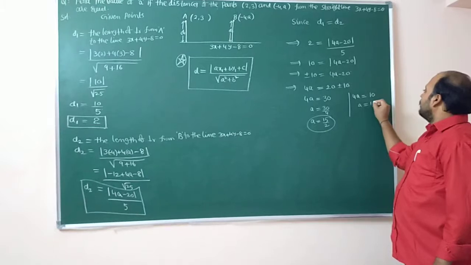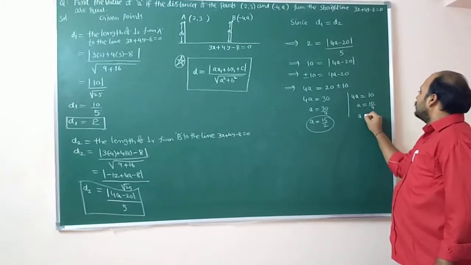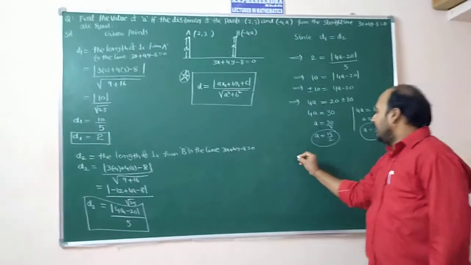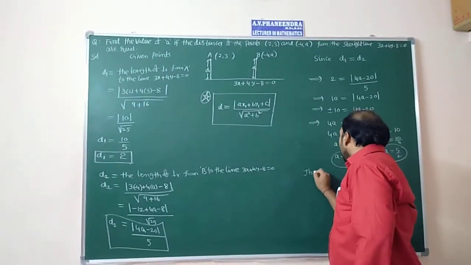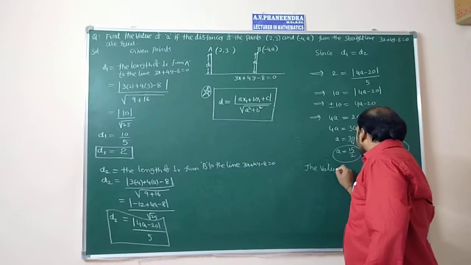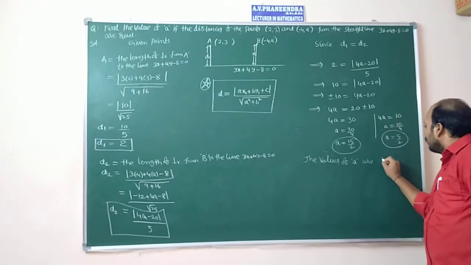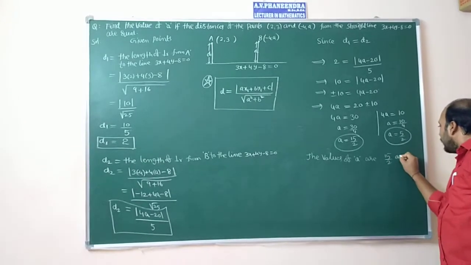Here a equals 10 by 4, dividing by 2 it becomes 5 by 2. So these are the possible values of a. Therefore, the values of a are 15 by 2 and 5 by 2.